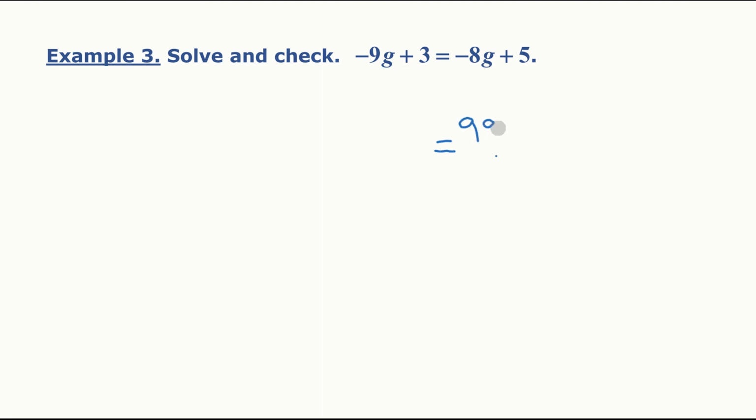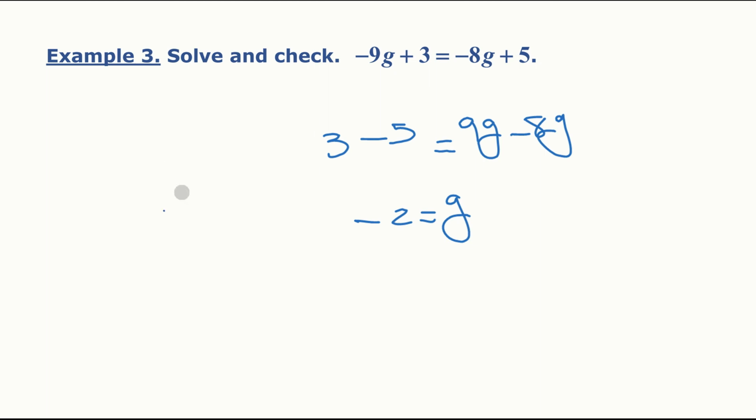It becomes 9g, and on this side we have 3, and we move over the 5, so we get -2 equals g, and that's basically it, except we want to check.